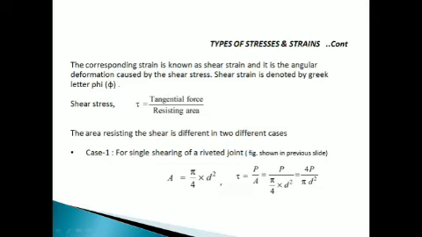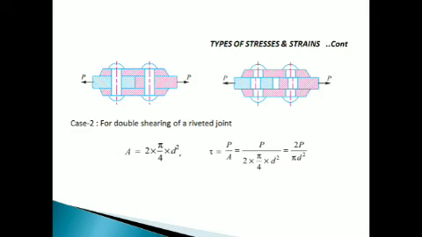In the case of double shearing of a riveted joint, case 2, the tangential force is resisted by two cross sections of the rivet.